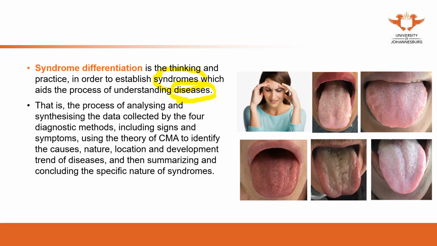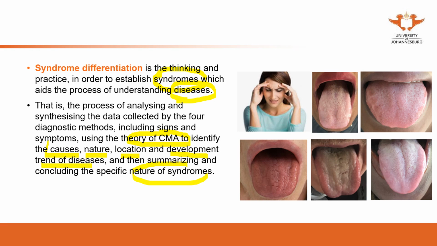Once the clinical data has been collected, you're going to use the theory to analyze the possible causes, the nature of the disease, the location of the disease, as well as the development trend of the diseases. And then we summarize and conclude to the specific nature of the syndrome.